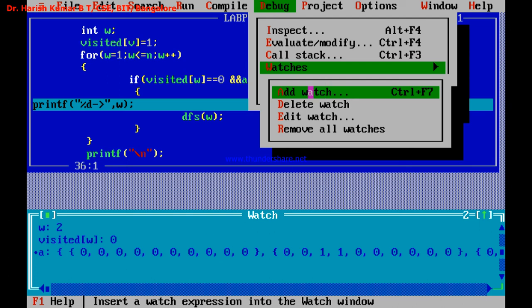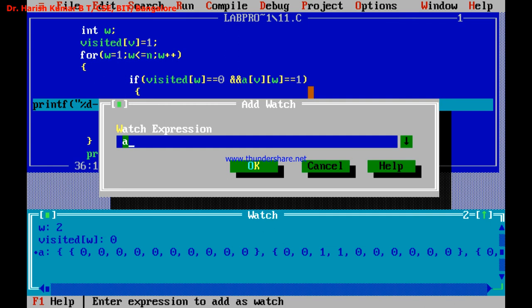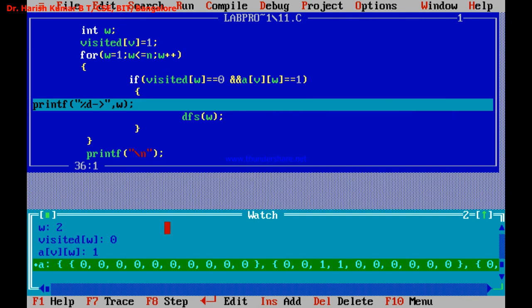So add watch, I'll add A of V, A of V and then W. So A of V also let me add.